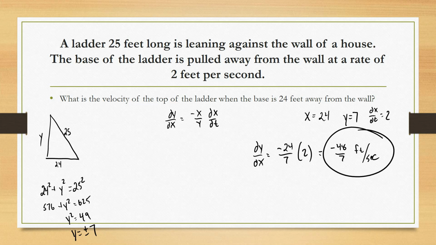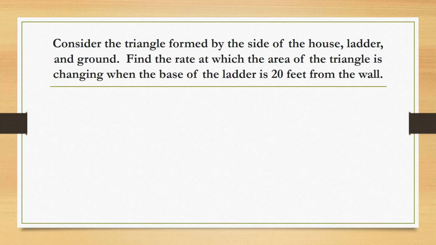Now, the next problem says to consider the triangle formed by the side of the house, the ladder, and the ground. Find the rate at which the area of the triangle is changing when the base, x, is 20 feet from the wall. Well, we don't know, but the ladder is still 25 feet.